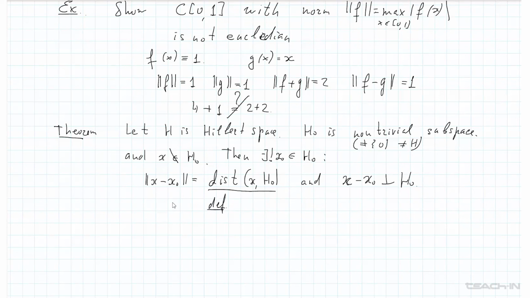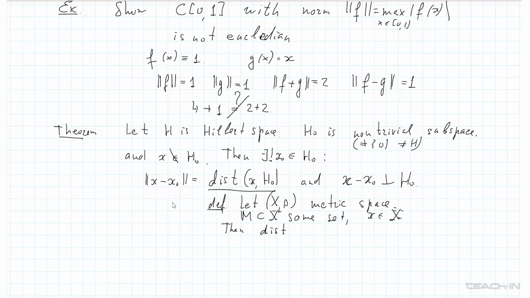Some definition. Let X be a metric space, M a subset of X, and x from our metric space. Then the distance from element x to set M is the infimum of the metric between x and y, where y lies in M. Is it clear?